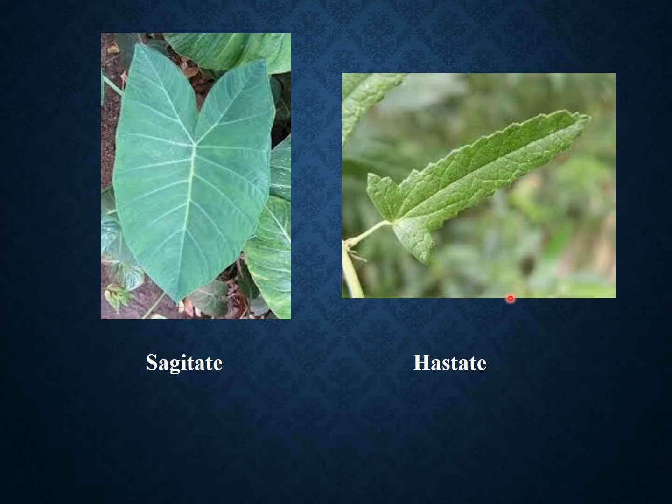Sagittate and hastate. Hastate shaped lamina means like a spearhead, while sagittate shaped lamina is an arrow shaped lamina.